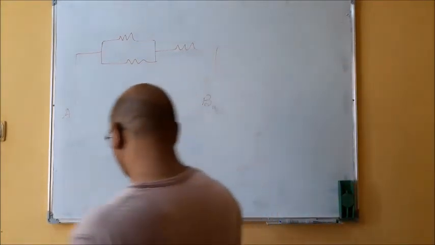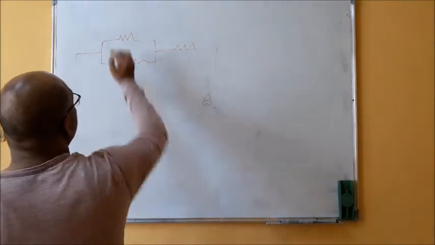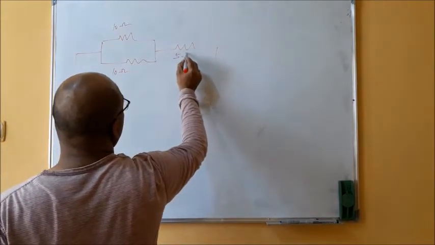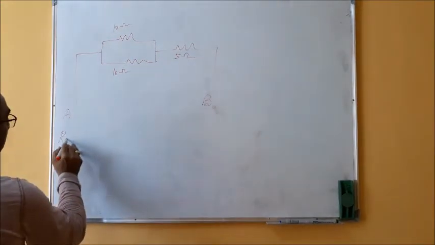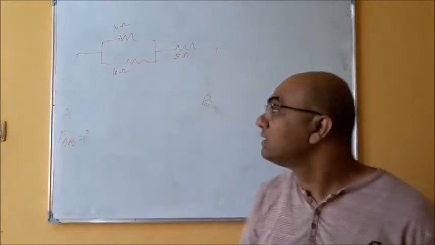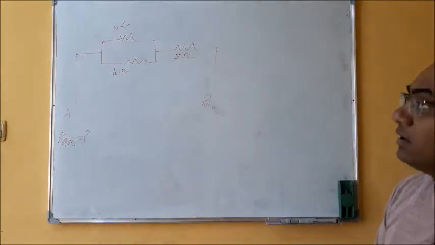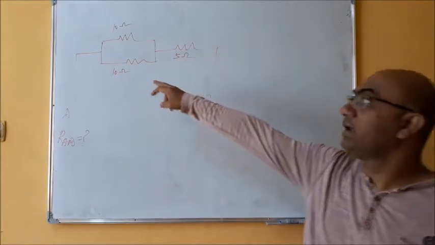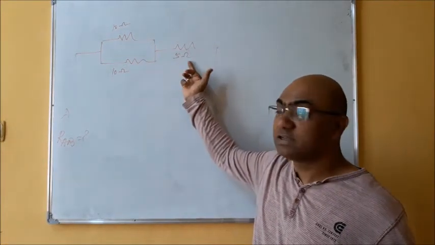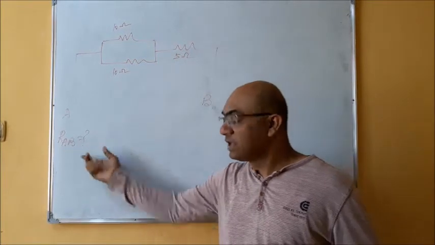If I'm saying this is 10, this is 10, this is 5, so what is the value of RAB? So you can simply find out that yes, 10 and 10 ohm are in parallel. So we will get the resultant of 10 and 10 ohm which are in parallel. So value is 5. 5 plus 5 because 5 is in series. So 10. So final answer will be 10.